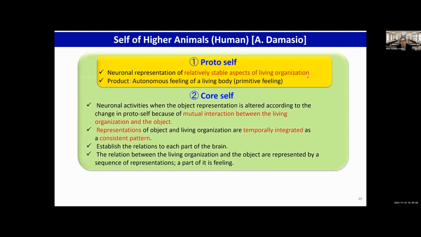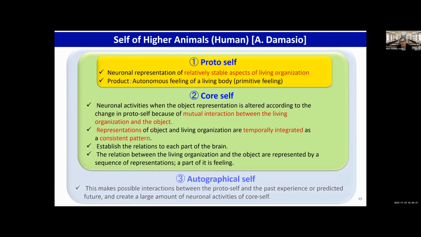The second one is the core self, which gives the mutual interaction between the living organism and objects, and also temporally integrates the object and living organism as a representation, giving a consistent pattern for that representation.